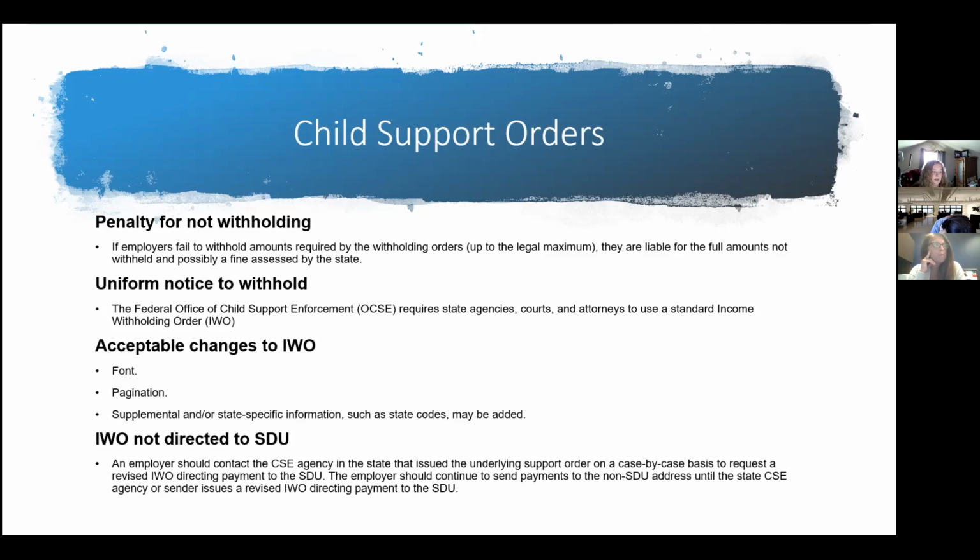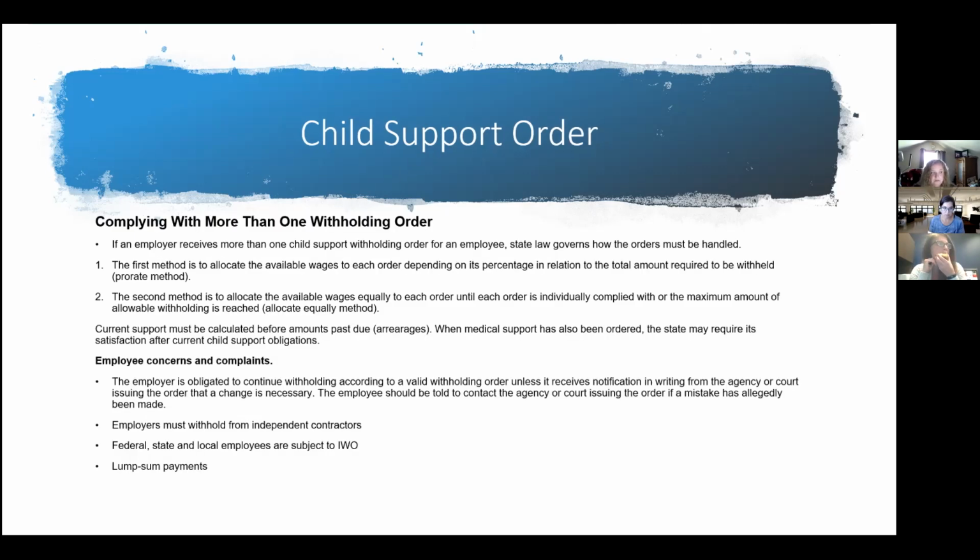An employer should contact the child support agency in the state that issued the underlying support order on a case-by-case basis to request a revised income withholding order directing payment to the SDU. The employer should continue to send payments to the non-SDU address until the state CSE agency or sender issues a revised IWO. So just make sure you're sending it to wherever the payment is required to be sent.